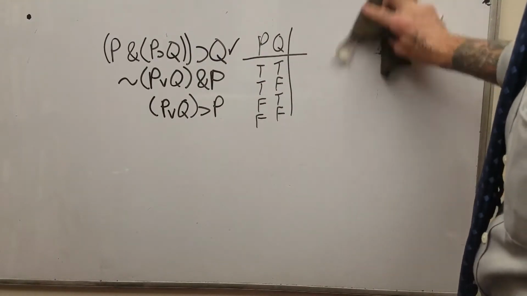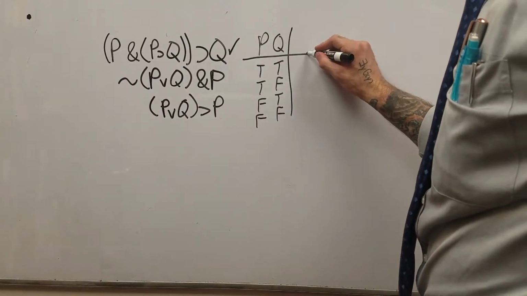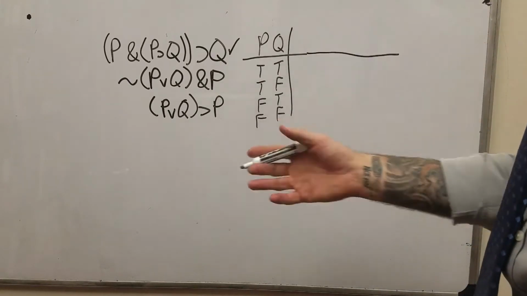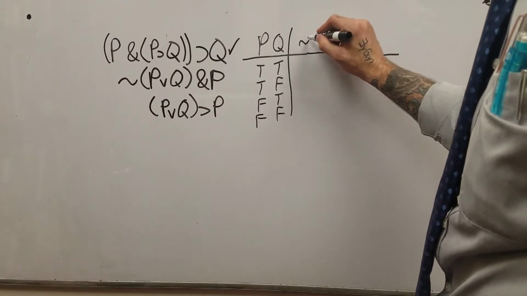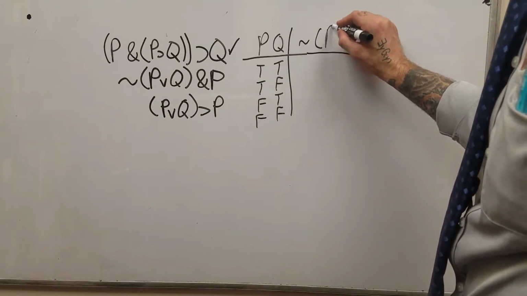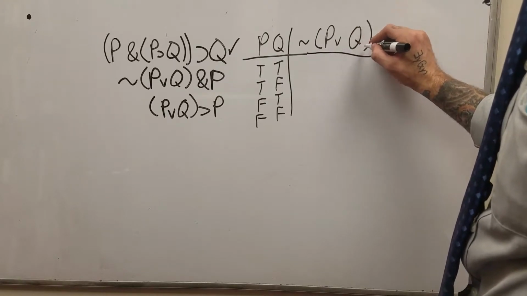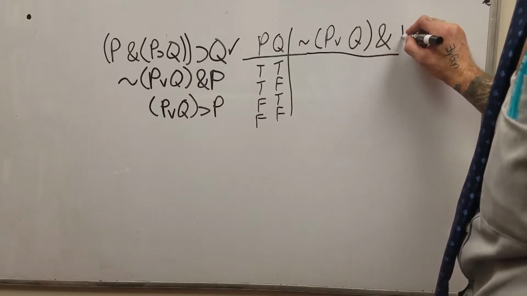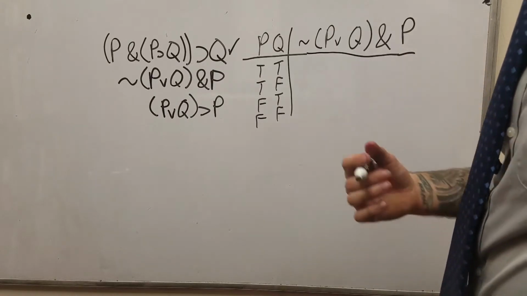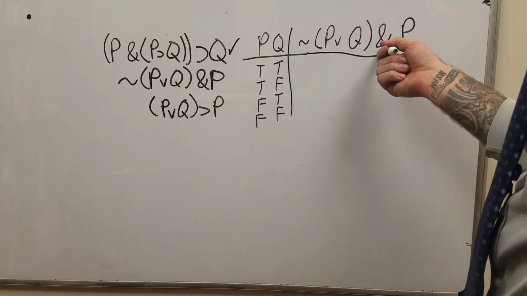So let's go ahead and reuse our truth table here and check this second one and see again if you can guess by taking a look at that whether it's truth functionally true or truth functionally false or truth functionally indeterminate. So our main operator here, it's the ampersand.